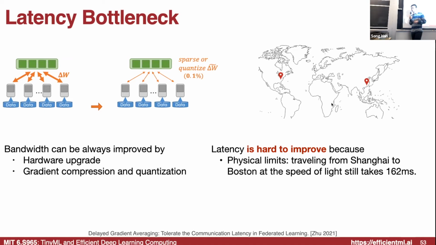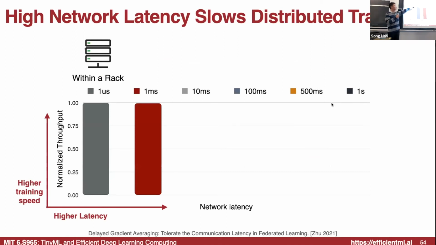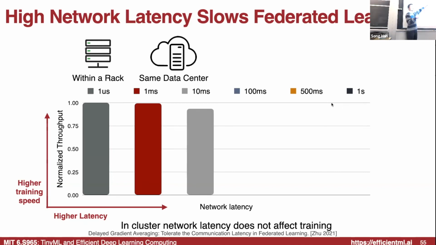But if you want to do distributed training, say some data is located in the US and some is located in other parts of the world, how do we do distributed training across the world? The typical latency within the rack ranges from a couple of microseconds to below 1 millisecond. In the same data center, it is between 1 millisecond and 10 milliseconds.